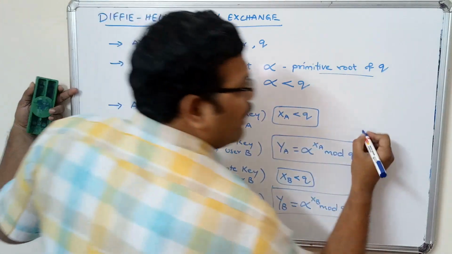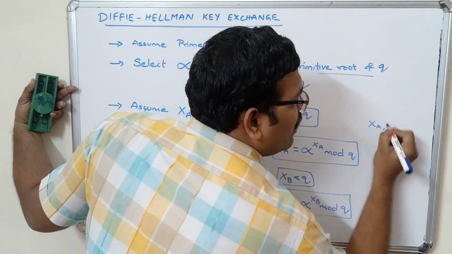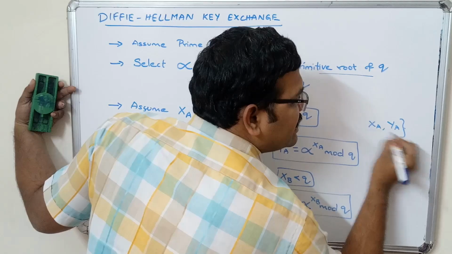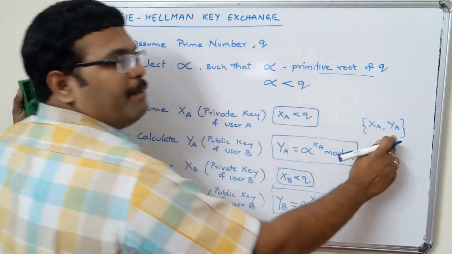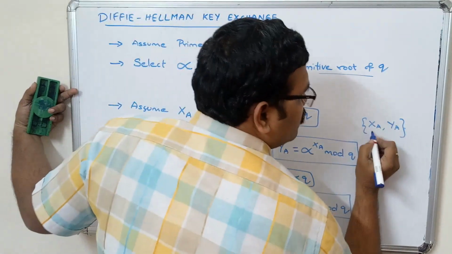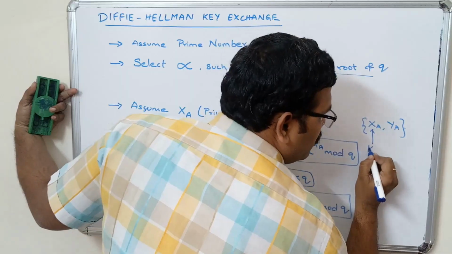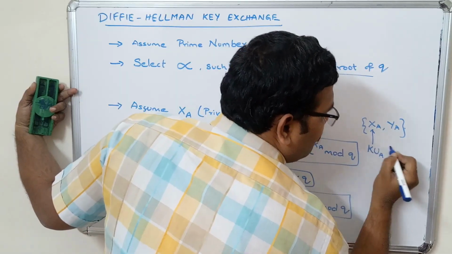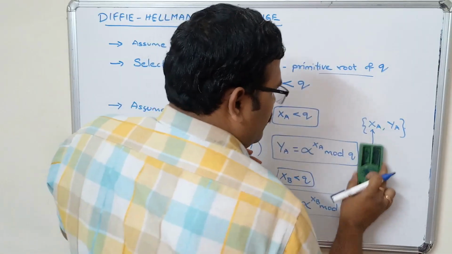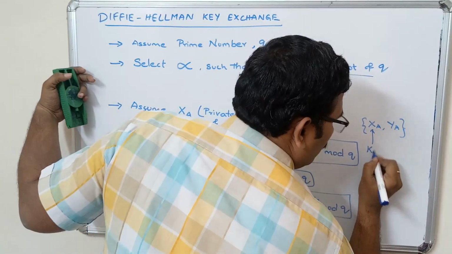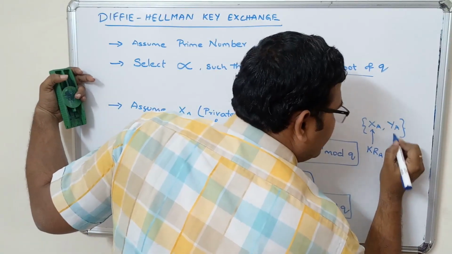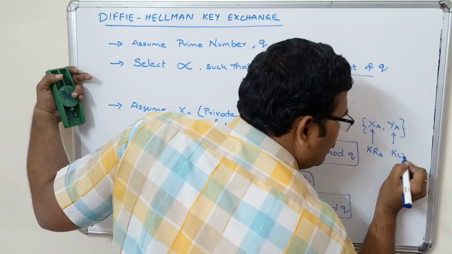Now we had XA comma YA, which is private key and public key. So this refers to the private key, and this refers to the public key.